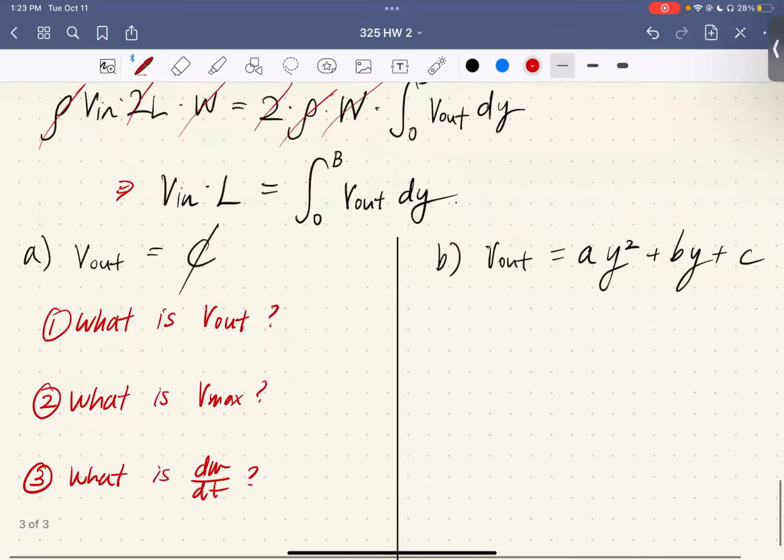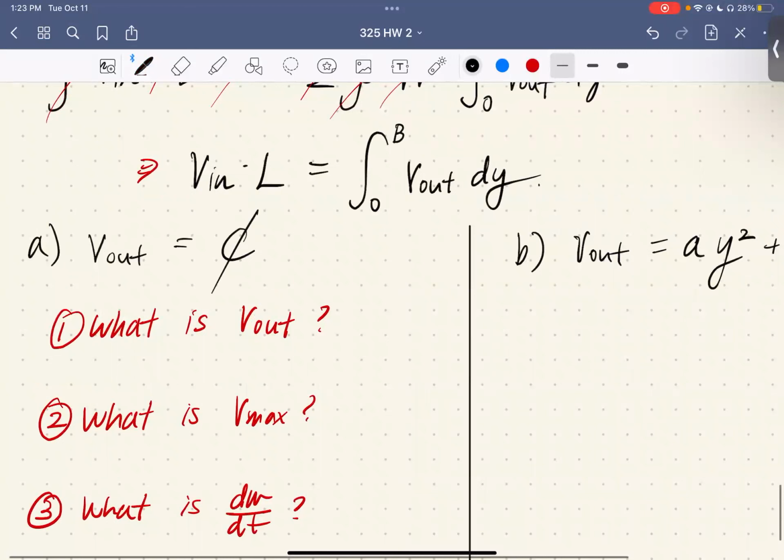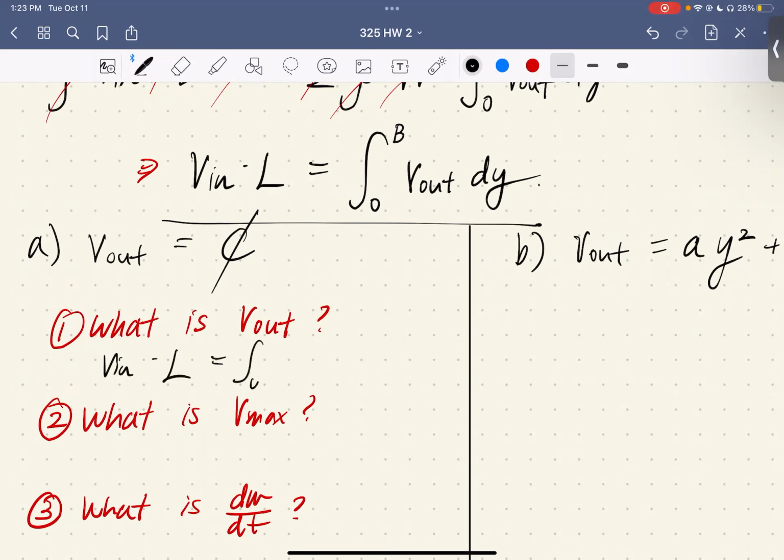So first, to get v out, to answer that first question, we are going to use the expression right over here that we just determined right up here. And we're going to just solve for v out. So v in times L equals the integral from 0 to B of v out dy. And just really quickly, what is the integral of a constant?